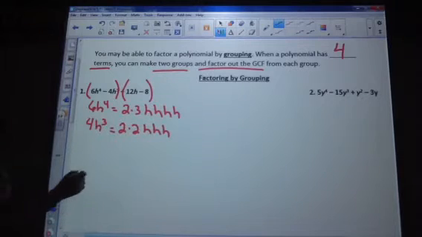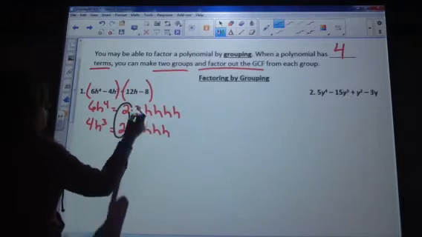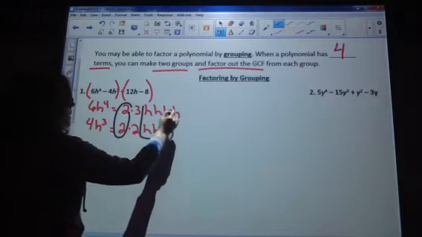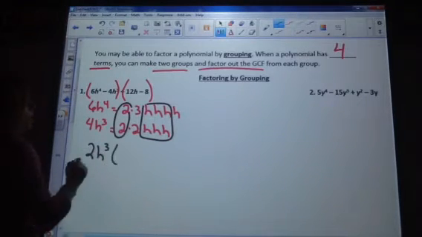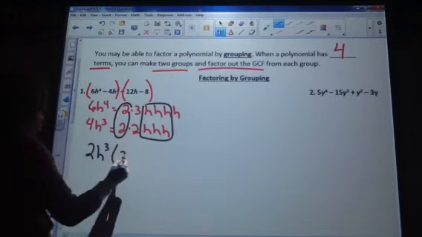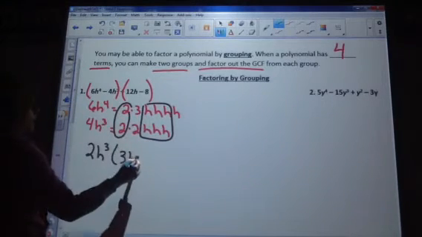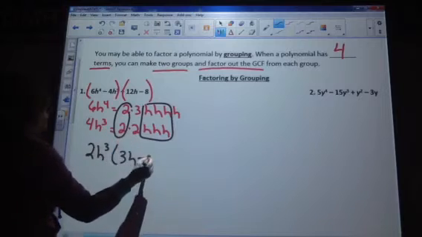So let's factor out. We have a 2, and we have 3 h's. So that's 2h cubed. And what do we have left? We have 3h minus 2.